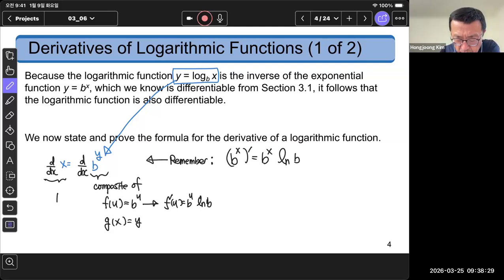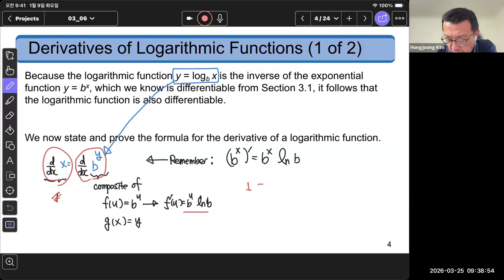So let me go back to my original problem. When I differentiate the left hand side, I got 1 as I wrote down here. And when I differentiate b to the y with respect to x, then I first get the derivative of the outer function evaluated at the inner function.